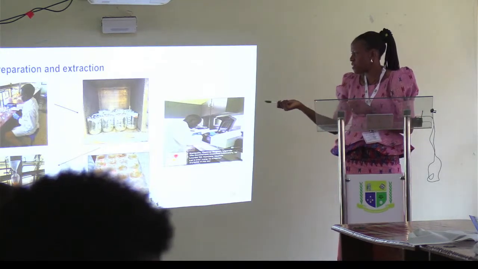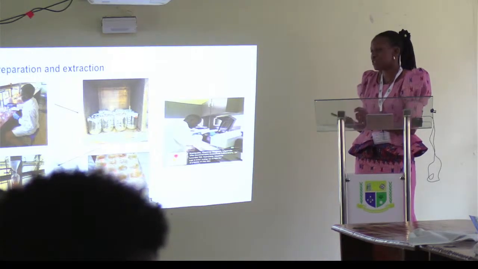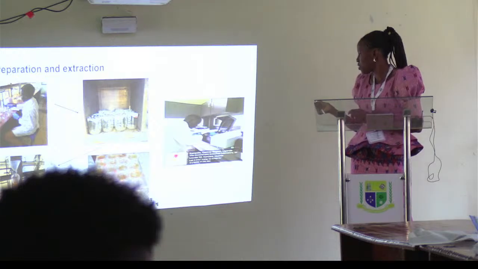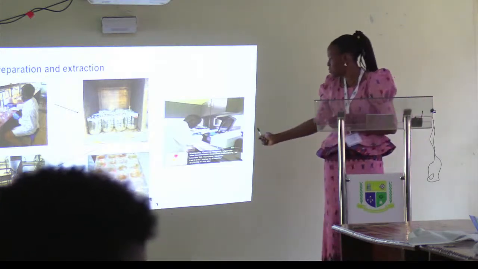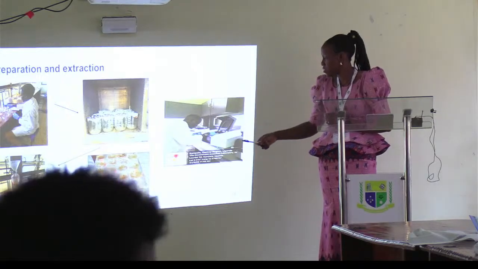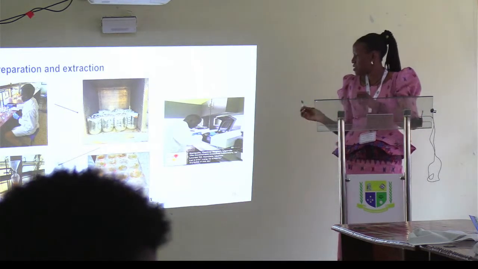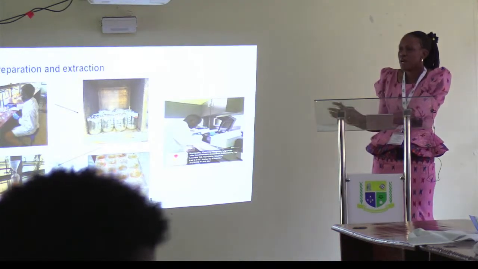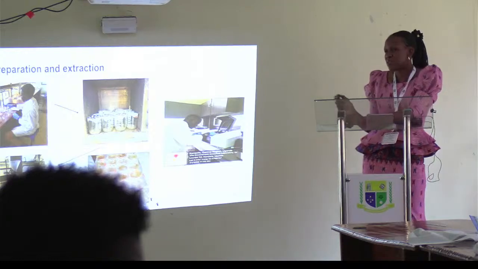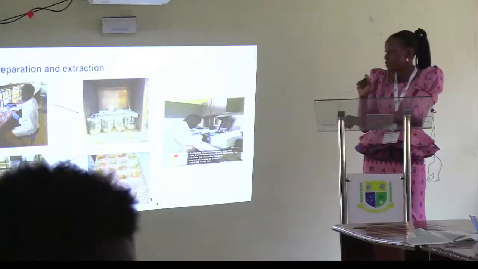We have to separate them using different chemicals, and then we have to visualize the plastic using a microscope. This was at the point when we had already finished filtering and visualization of the plastic, and then we do the characterization using FTIR at the Government Analytical Laboratory, to try and ascertain the type of plastic.